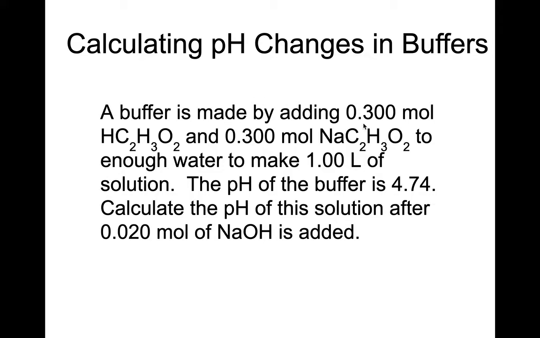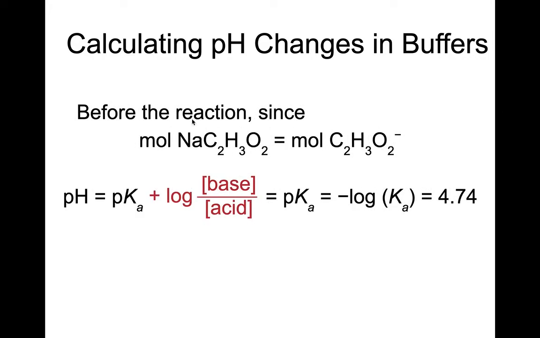just as the buffer before anything else is added, we've got the acetate ion and acetic acid. We've got an equilibrium mixture of 0.3 moles of acetic acid and an equal amount, 0.3 moles of the acetate ion. So let's look at what we know so far.